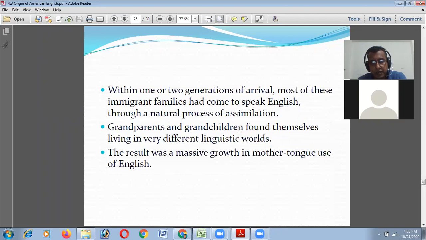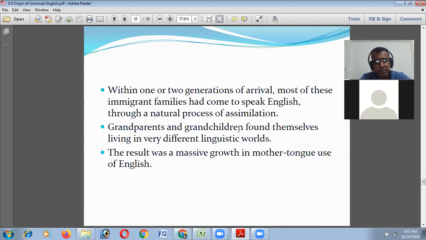But when the second generation comes, born of German or Italian parents, this second generation started using the English language as their first language. Why? Because English is used all around.